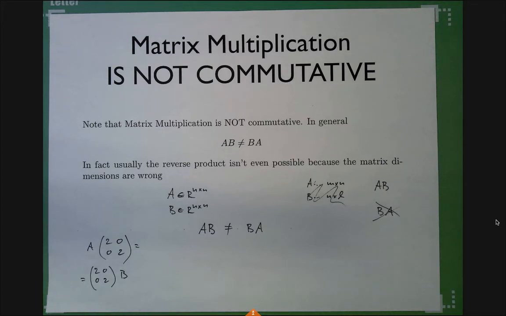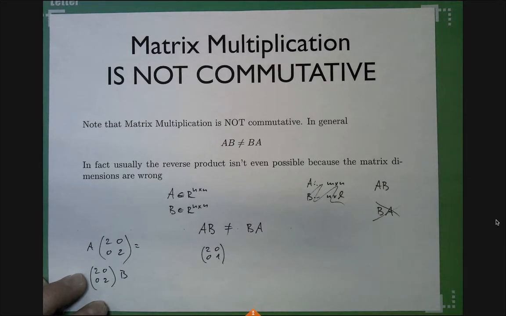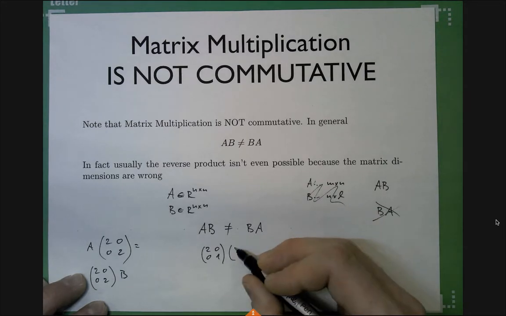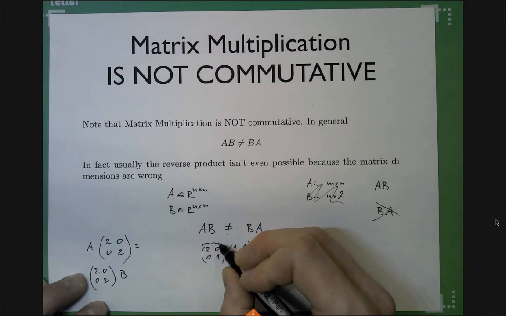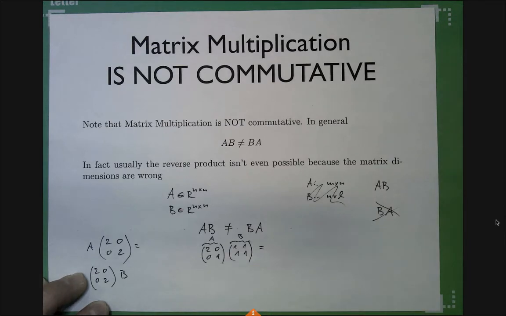So the simplest example is already take a matrix 2, 0, 0, 1. Okay, and let's multiply it. So that would be 1, and this would be another 1. So this would be my A. This would be my B. So a quick exercise on matrix multiplication. So how do I compute it from my head?